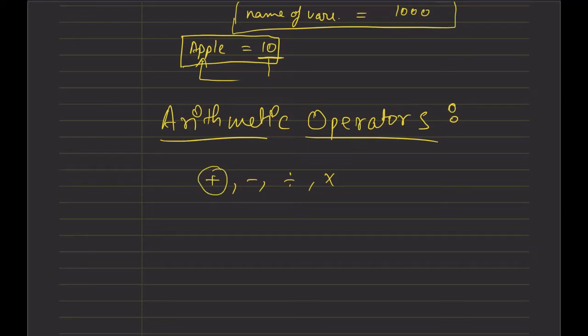These symbols are used to perform a specific operation on the variables, or I can say data. Such operators which are used to perform arithmetic operations are known as arithmetic operators.